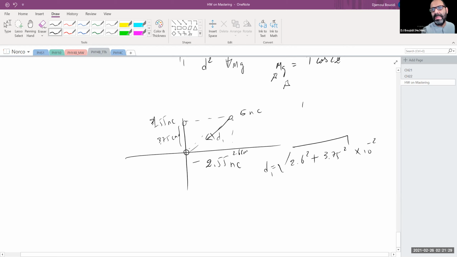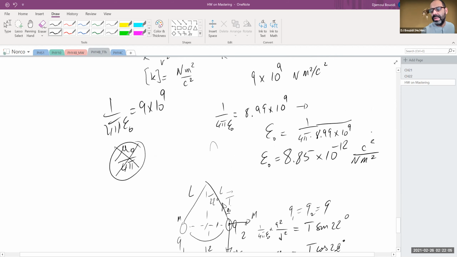And the force is going to be pointing this way. So F1 in magnitude only is K times these two charges, 2.55 times 5 times 10 to the negative 18, because nano is 10 to the negative 9, so this is negative 18 coulomb squared, divided by this distance squared, which is 2.6 squared plus 3.75 squared, the whole thing times 10 to the negative 4.